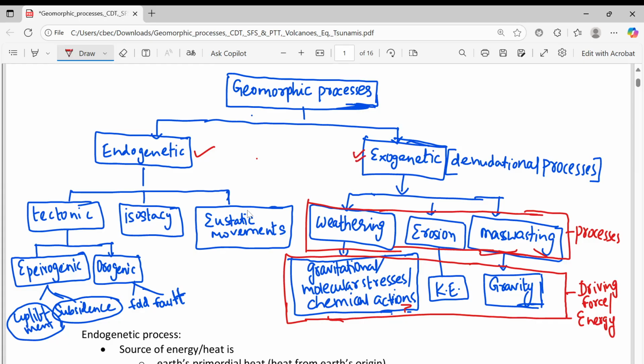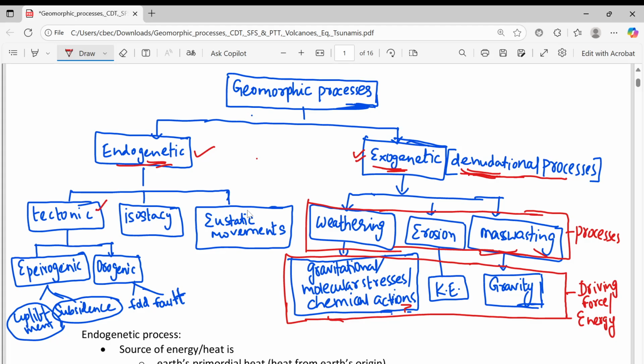These are exogenetic, meaning on the surface of the earth. This is below the surface, this is exo, on the surface. All exogenetic processes together are called denudation process. Denudation means simply removing the layer of the earth. So if you take endogenetic, it is three types.